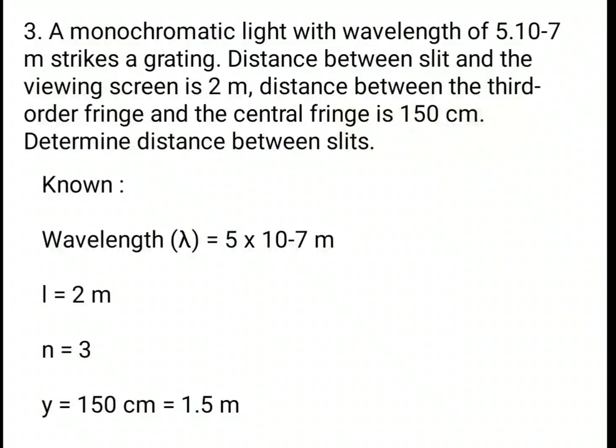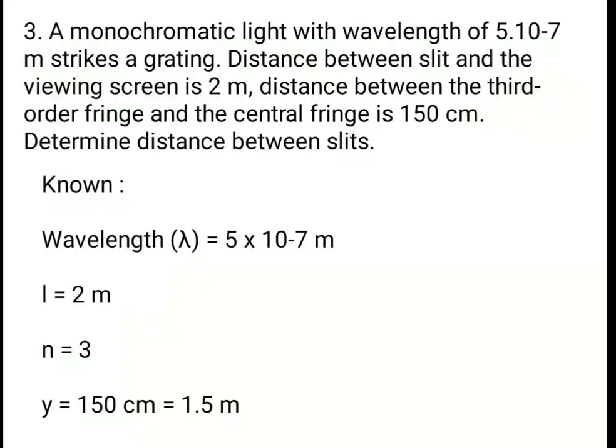Now, given data: wavelength lambda is equal to 5 into 10 power minus 7 meters, and the distance between the slit and screen is indicated by the letter small l, which is equal to 2 meters, and the order of the fringe is 3, which is indicated by the letter small n.